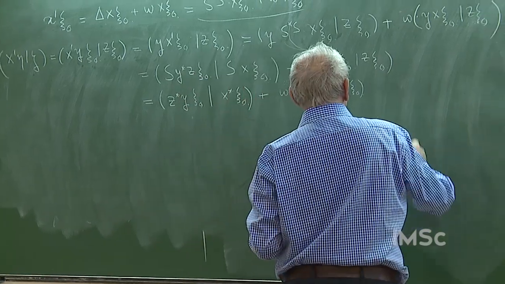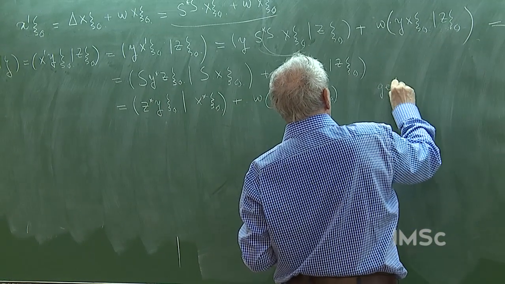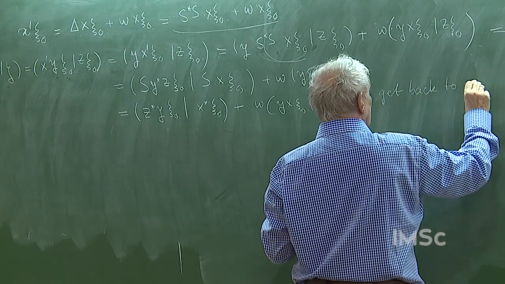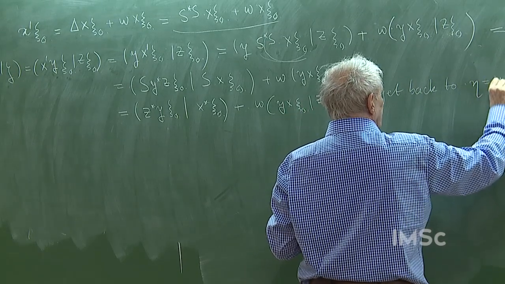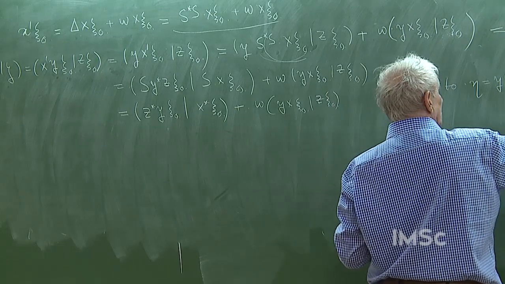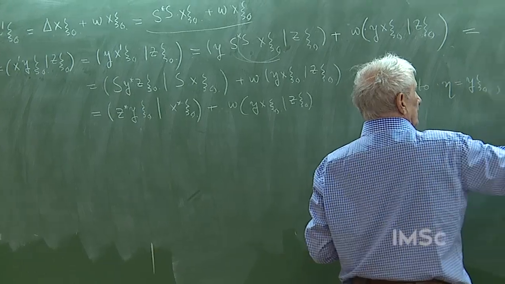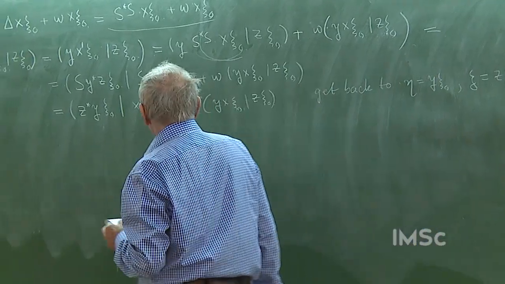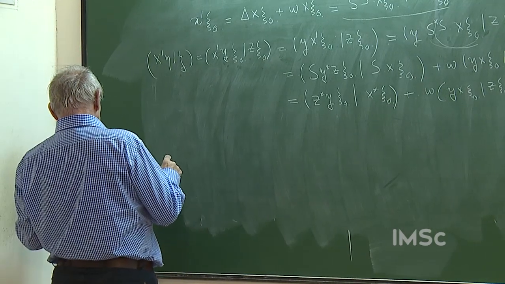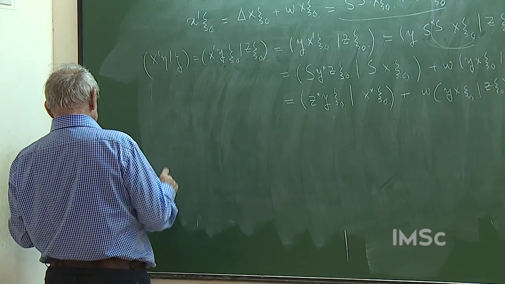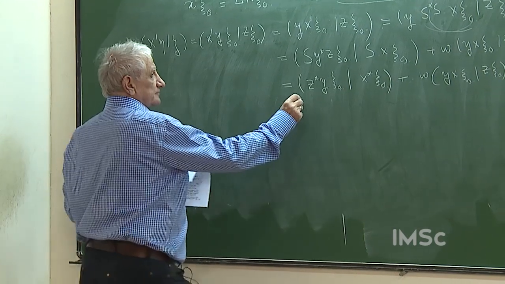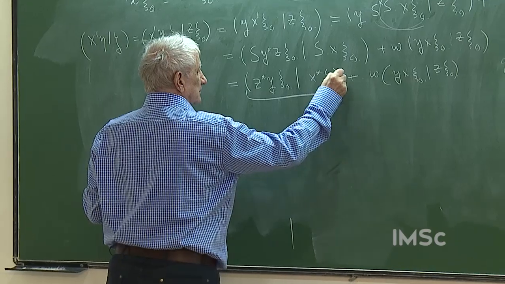But we want to get back to the elements eta equal y psi naught, and zeta equal z psi naught. Okay, so for this thing I take the element in here.